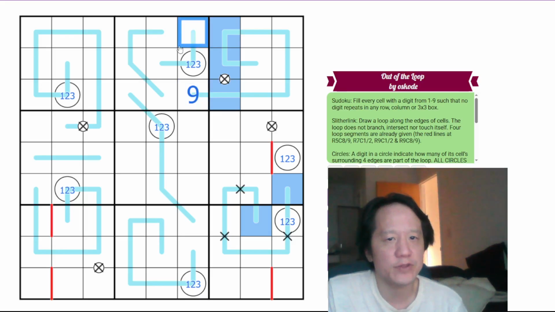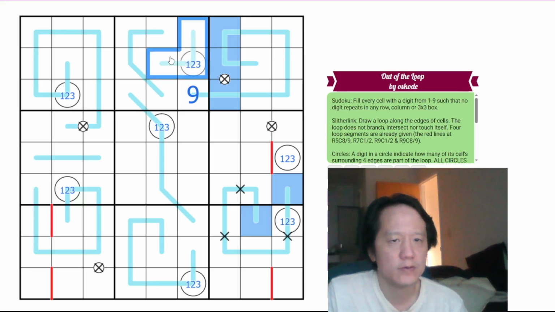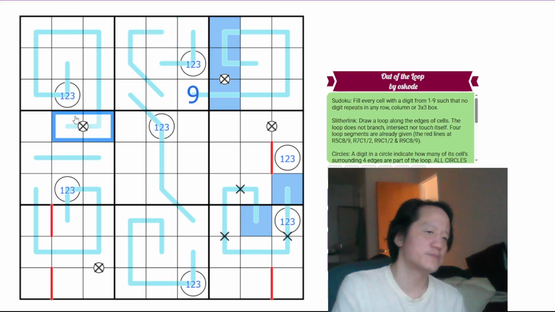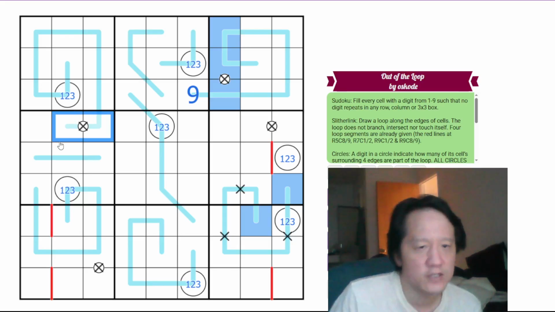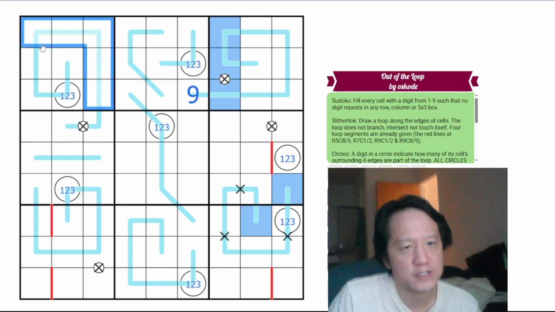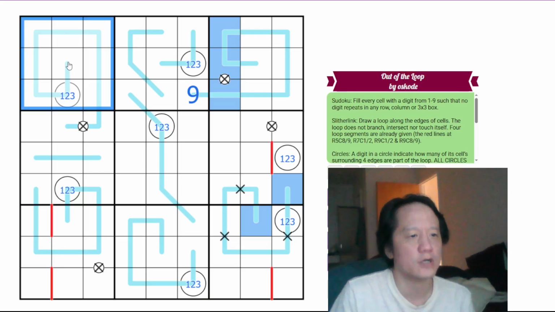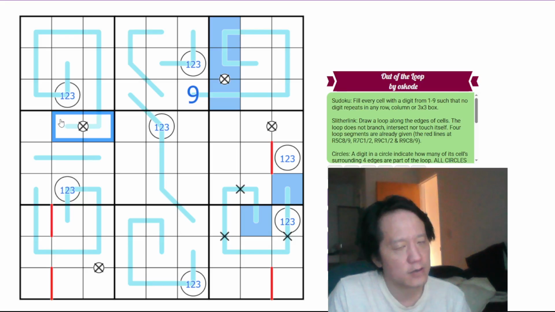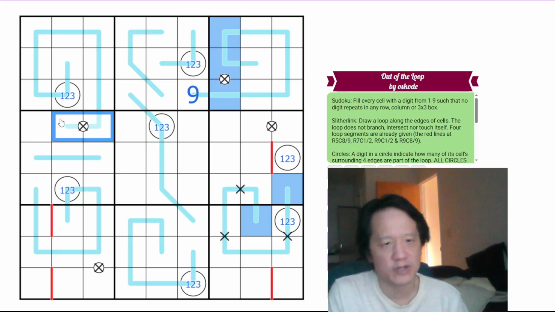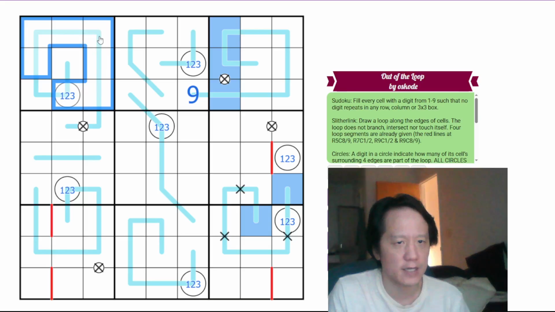We know there has to be at least 1 segment here that's cut up. We know this has to be cut up at least once. So these two also must be a multiple of 45. It could be 9 here. Cannot be 10 because 45 is not divisible by 10.